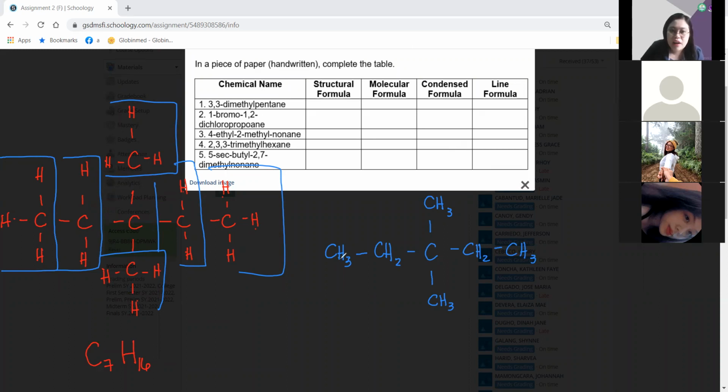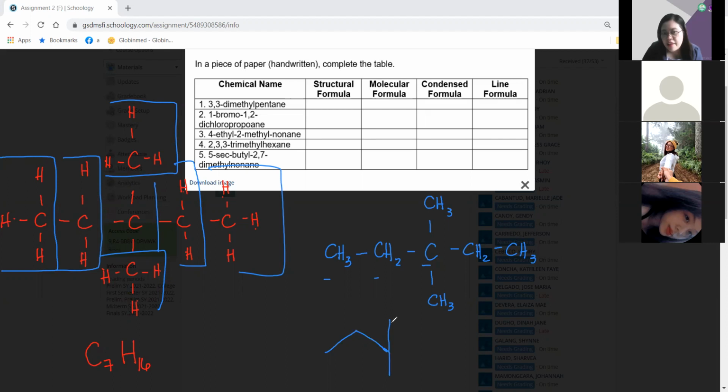So let's start with this carbon and this carbon. That is one line. And then this carbon is another line here. But take note that in this third carbon, merong carbon on top and carbon sa baba. So actually, you can write like that and like this.